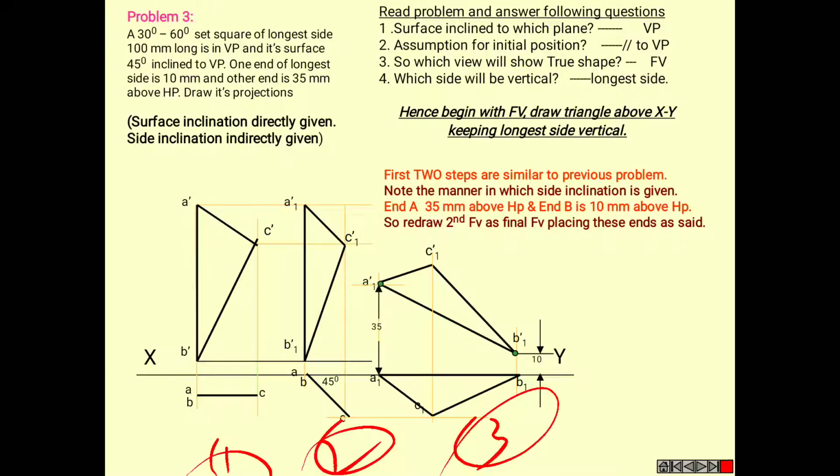So we have done about 3 problems. You may have noticed that the third stage cannot be drawn directly without making stage 1 and stage 2. I hope you have understood. Without making step 1 and step 2, we cannot directly move on to step 3.